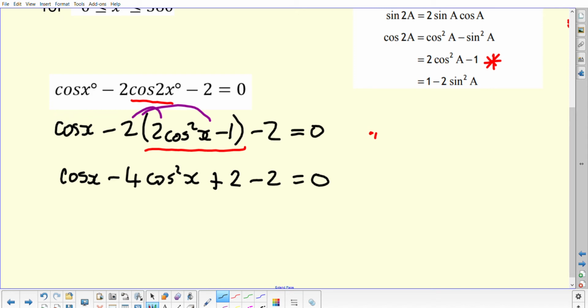When you tidy that up, you're left with cos x minus 4 cos squared x, and the 2's have cancelled out, equals 0.